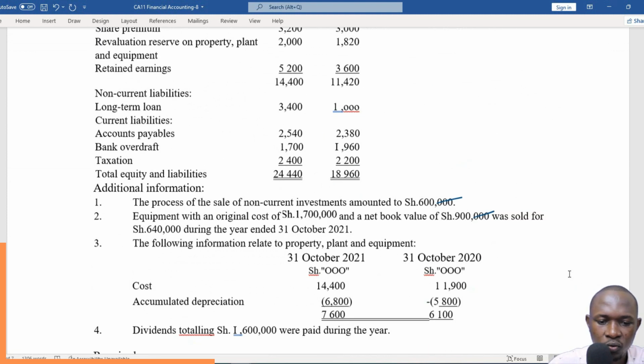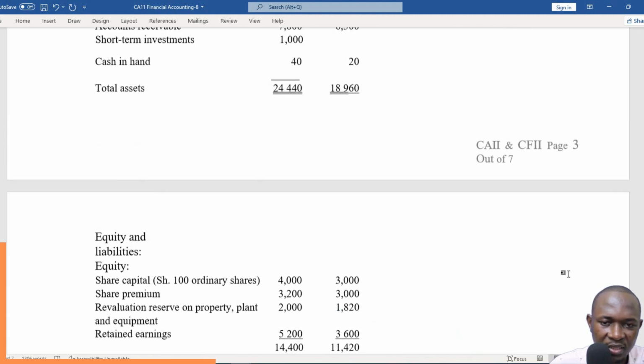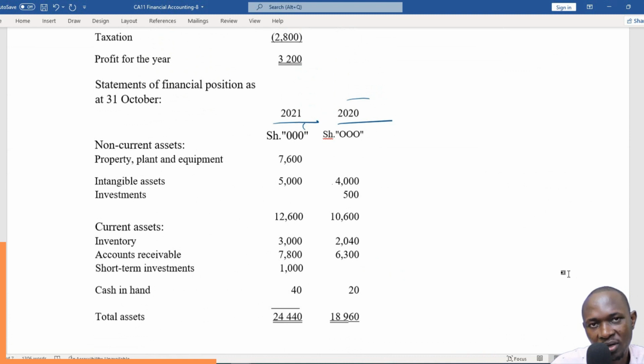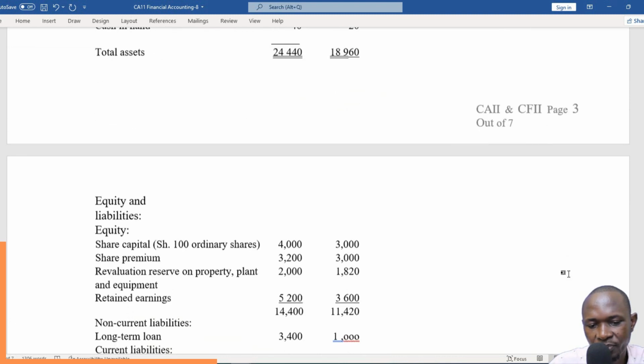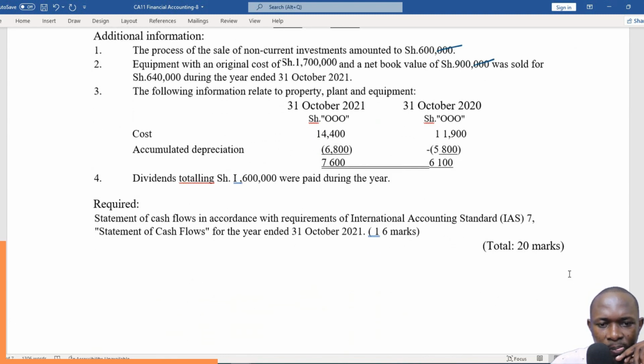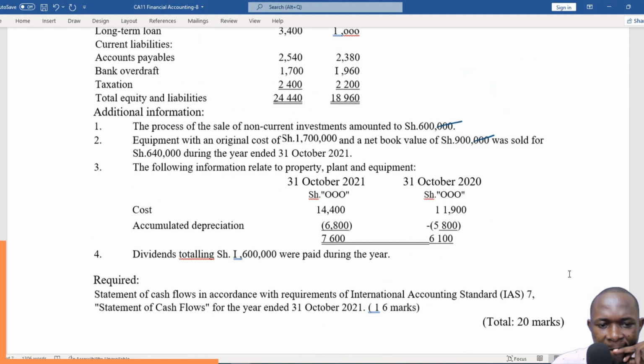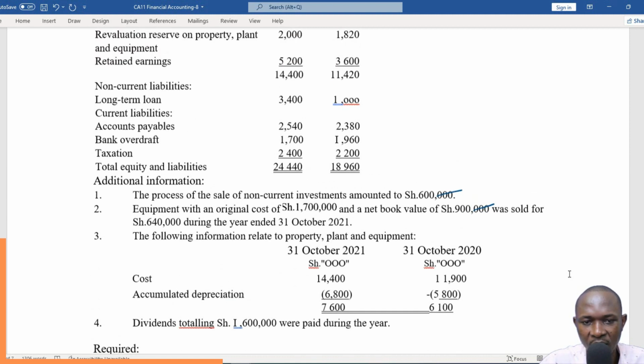The best point to start this question is normally with the additional information, and so we'll start from there. Additional information: the proceeds of the sale of non-current investment amounted to 600.